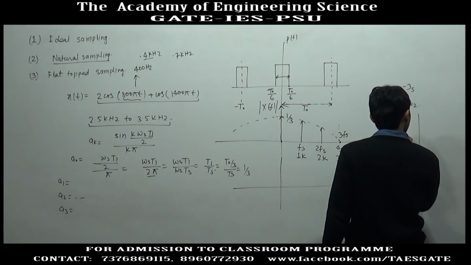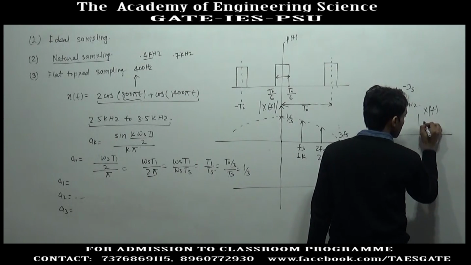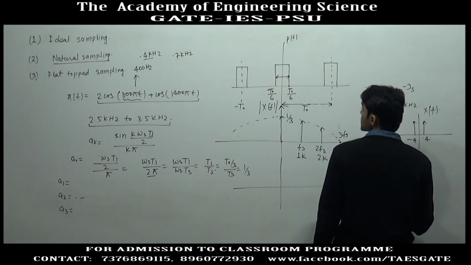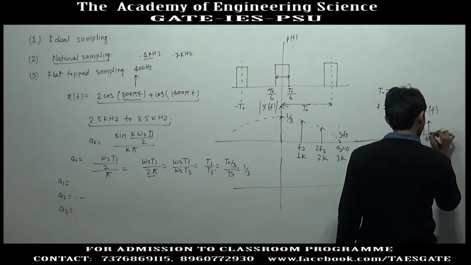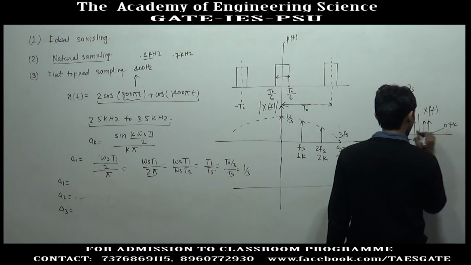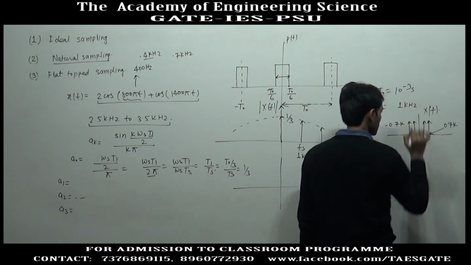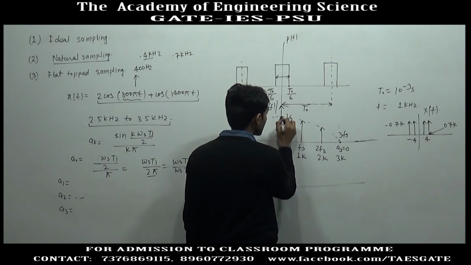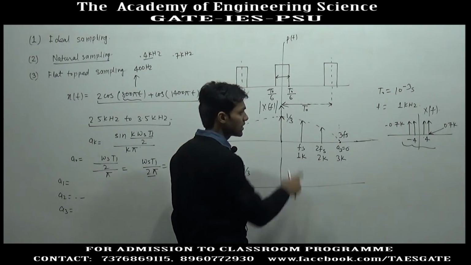If we make X(f), we will get an impulse at 0.4 kilohertz and its mirror image at minus 0.4 kilohertz, then again at 0.7 kilohertz and its mirror image at minus 0.7 kilohertz.